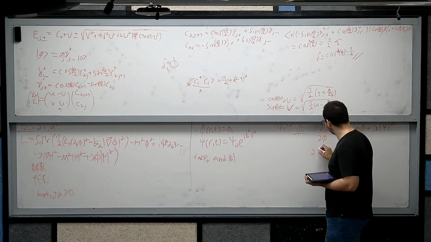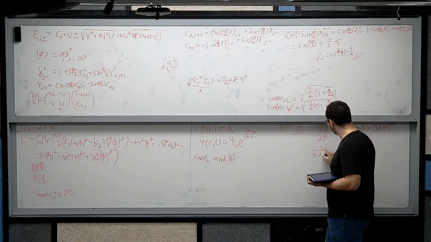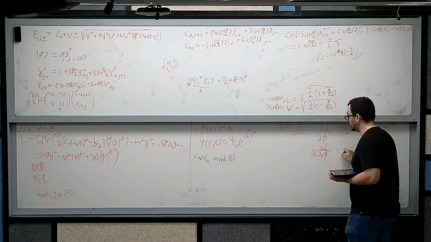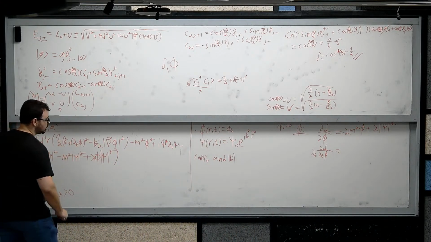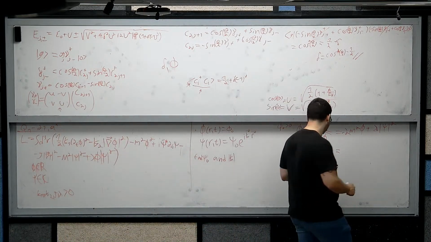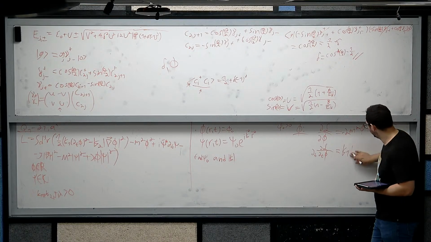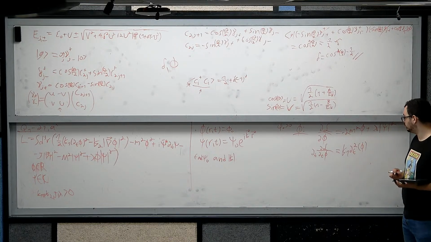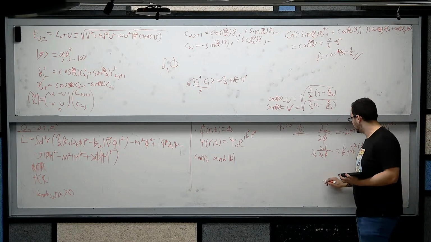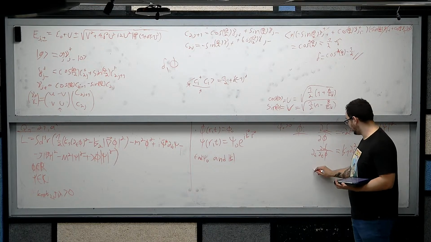Now, the time derivative. Time derivatives we only see here: K1 times d squared. And then there is the spatial derivative.